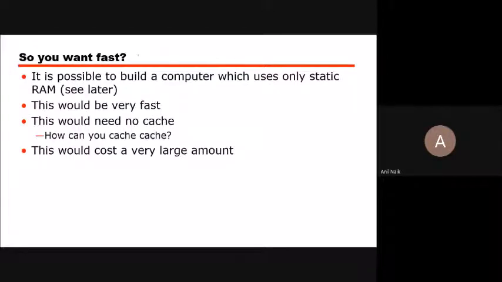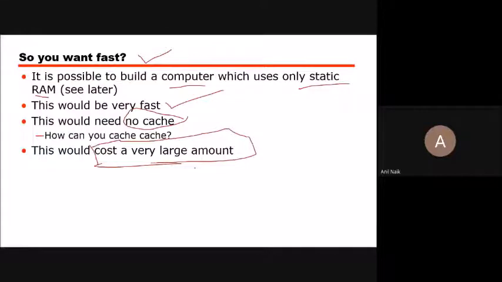So you want fast. It is possible to build a computer which uses only the static RAM. So this would be very fast, but if you want the system with only RAM or cache memory, the cost is very large.